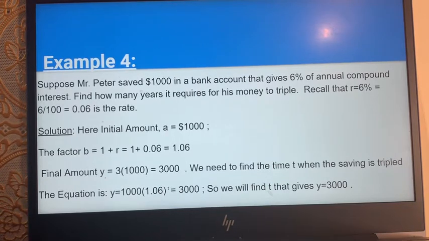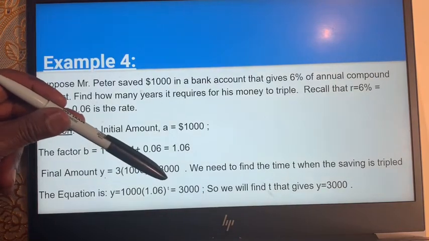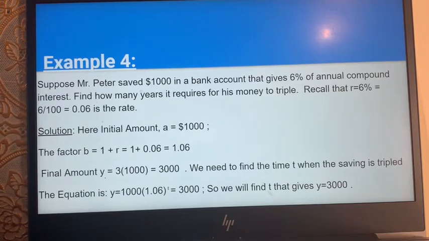So we need to find the time t when the saving is tripled. The equation is just 1,000 into 1.06 to the power of t, maybe very small there, but to the power of t should be 3000. So we'll find t that gives y equals 3000.